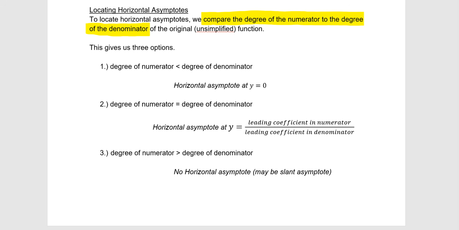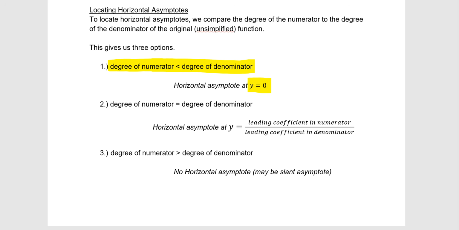So that's going to give us three options here. Either the numerator is going to be larger, smaller, or they're going to be equal. Let's start with the degree of the numerator smaller than the degree of the denominator. Anytime that happens, that means there's going to be a horizontal asymptote at y equals 0.